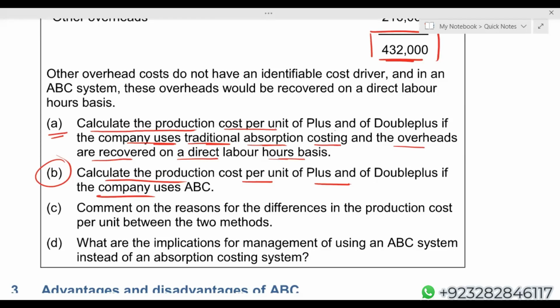Now let's work on ABC. In activity-based costing, when calculating the FOH rate, it should be on the basis of cost drivers.